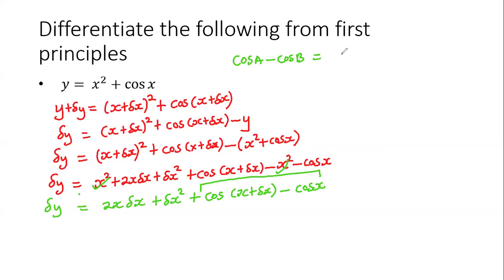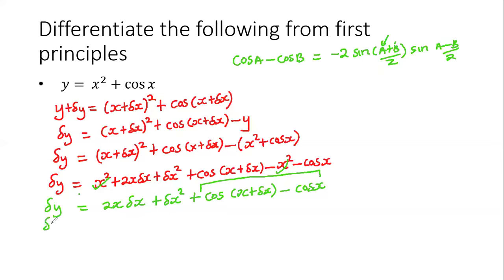That should always come out very well. Here I'll end up with negative 2 sine of (A plus B) out of 2, then sine of (A minus B) out of 2. Always have that in your mind. So now we substitute what your A is and what your B is.